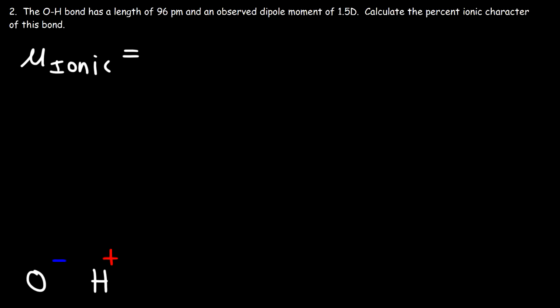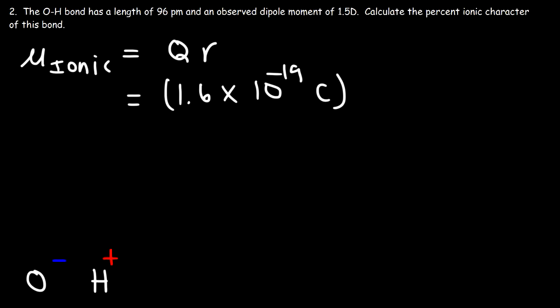So in that case, using this formula, Q would simply be the charge of a proton, which is 1.6 times 10 to the negative 19. And this is not going to change. That number is going to just stay the same if you have positive and negative charges. R is based on this number. That's 96 picometers, and we need to convert that to meters. So it's 96 times 10 to the negative 10 meters.